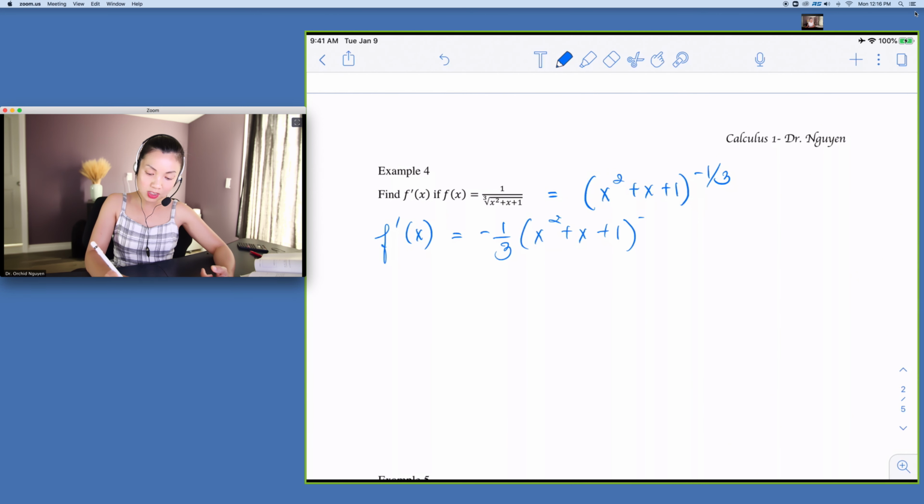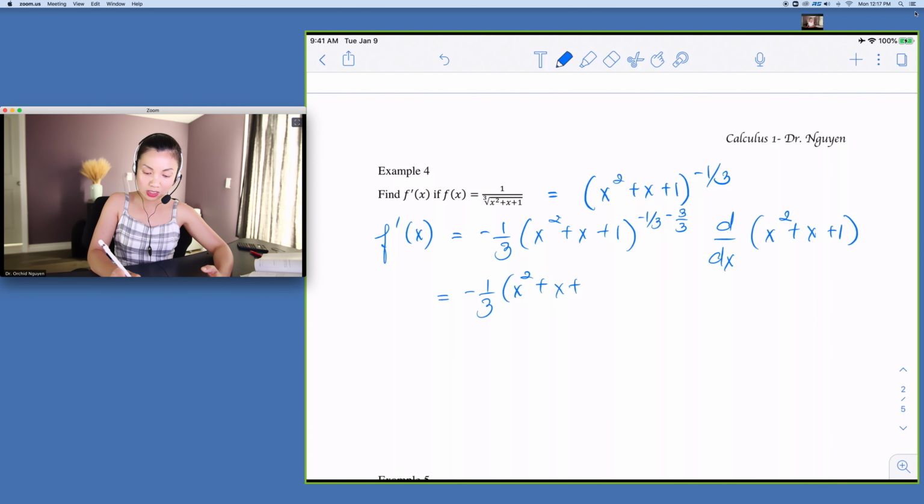So you know what? I'm just going to write it down for you so you understand what I'm doing. There, minus 1. So I have to do the whole LCD. And then we're going to take the derivative of the inner function, which is x squared plus x plus 1. So what we have is negative 1/3 (x squared plus x plus 1) to the negative 4/3. And then the derivative of this one is going to be 2x plus 1.